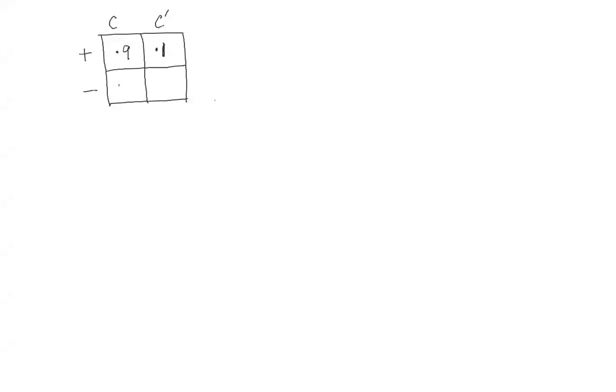So that would be 0.15 right here. On the other hand, 0.85 of the times you test negative and you do not have the cancer. That's what the problem is.